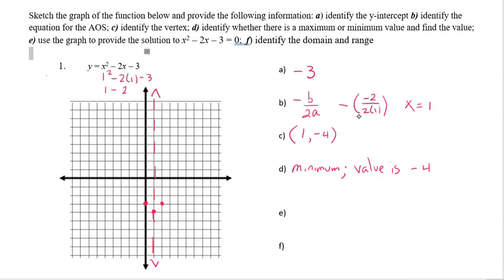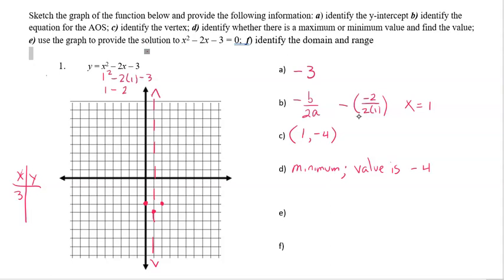All right, so letter E says use the graph to provide the solution. Let's just go ahead and finish my graph, because the solution is going to be where this graph crosses the x-axis. Obviously, it's going to cross in 2 different places. So let's see if we can figure out where. I'm going to do a little xy input-output. I'm going to input 3 into this function and see what comes out.